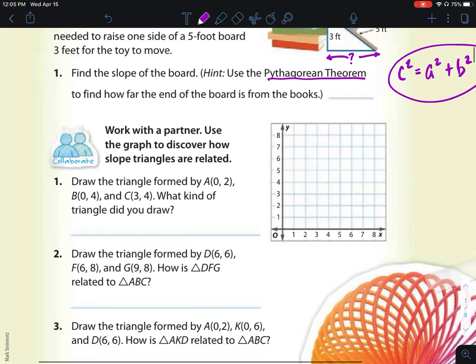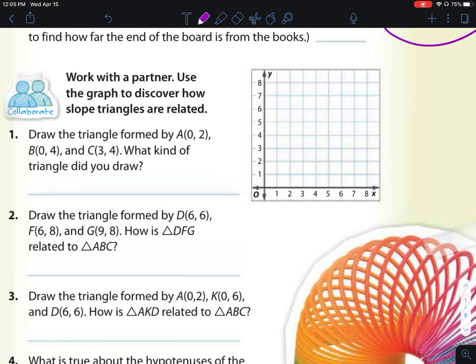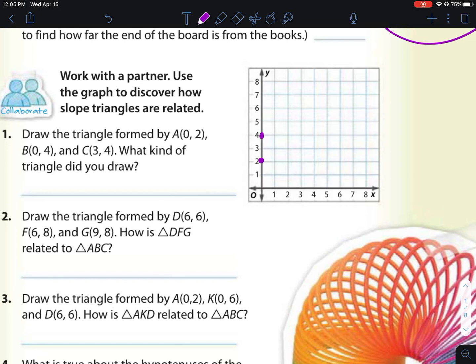So draw a triangle formed by point A, which is 0, 2, right here. Point B is 0, 4, right here. And point C is 3, 4, right here. So if I'm going to create a triangle, this is how my triangle would look.